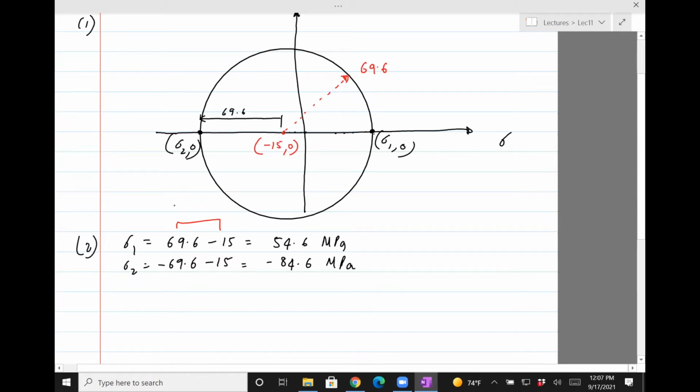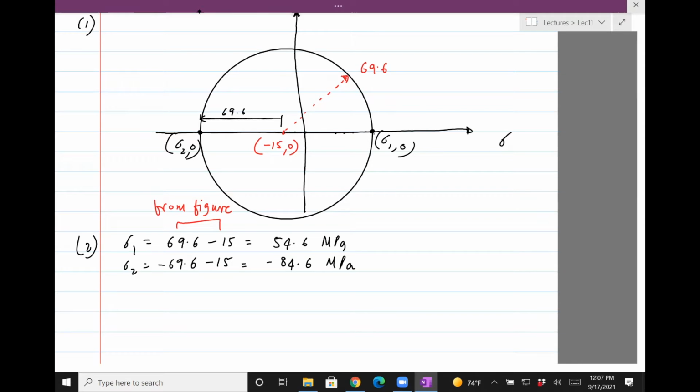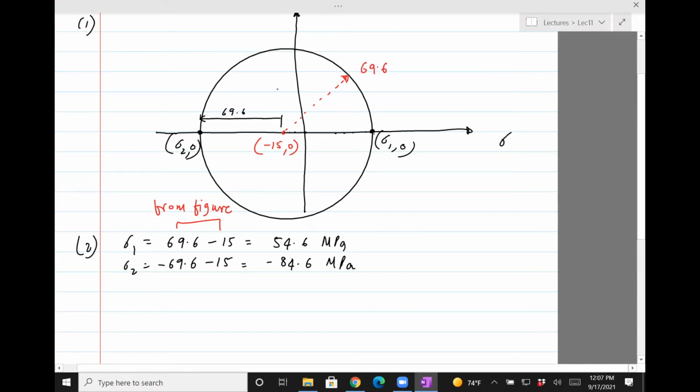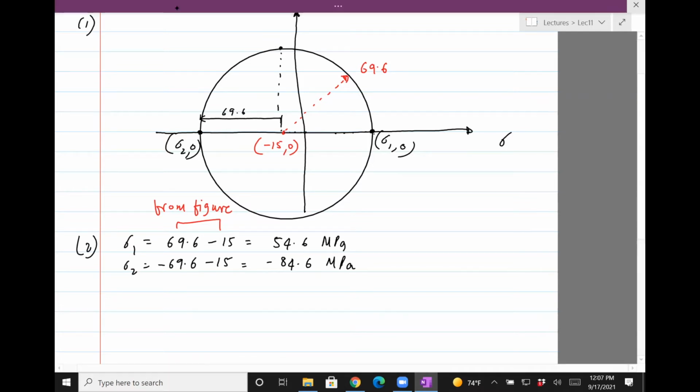So this we arrived from looking at the figure, right? We didn't have to do any math to get that. Well, we did have to do the addition, of course, but we didn't really have to write those complicated formulas. Okay, then the shear stress, which is going to be right here. We know that it's clearly the radius of the circle, which is 69.6.